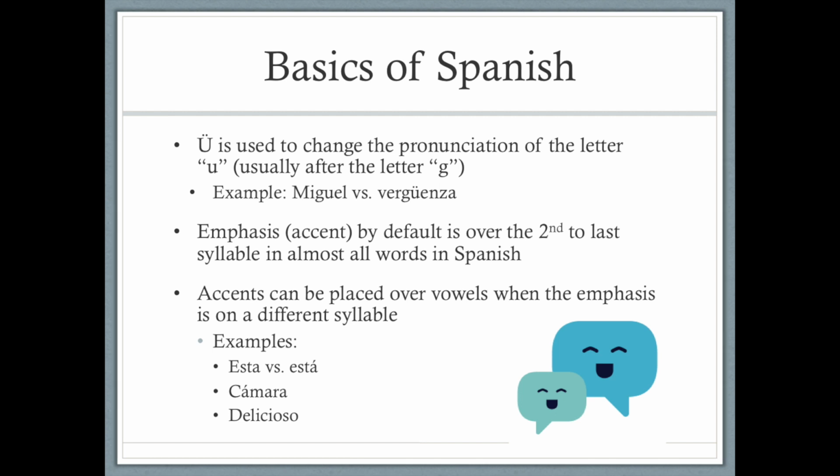The word esta, which means this, and the word está, which means it is. Another example is cámara, which means camera, and delicioso. And if you'll notice, delicioso does not have an accent because the first O, which is where the natural accent falls, is the second to last syllable.